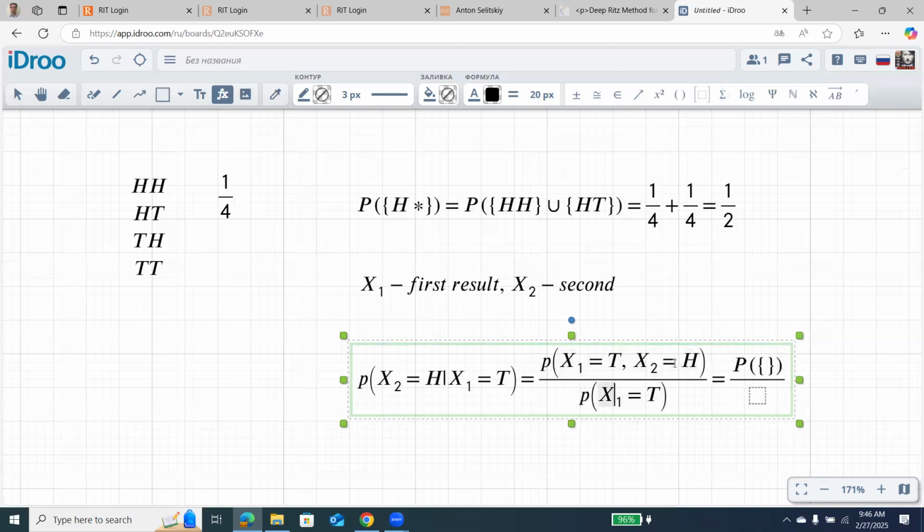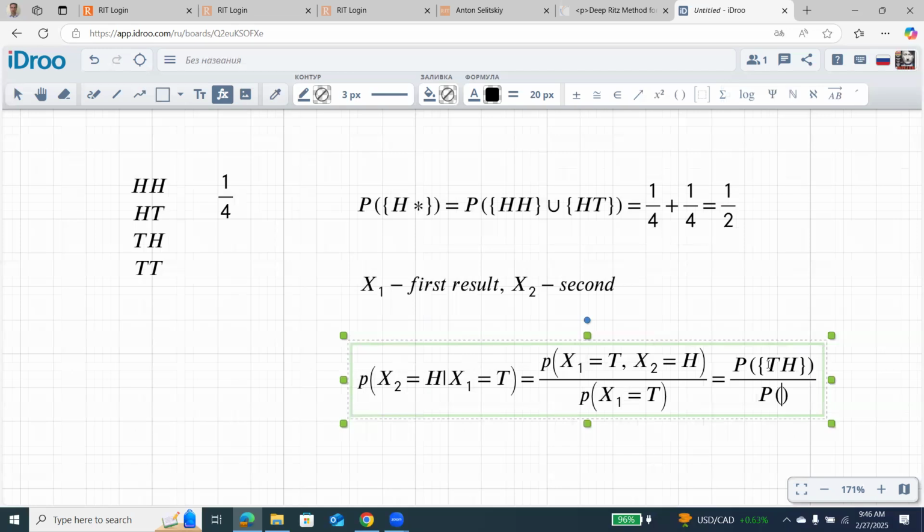So the first event is TH, because this is the probability that we get tails in the first flip and heads in the second flip. And in the denominator, what is the probability of getting tails on the first flip?